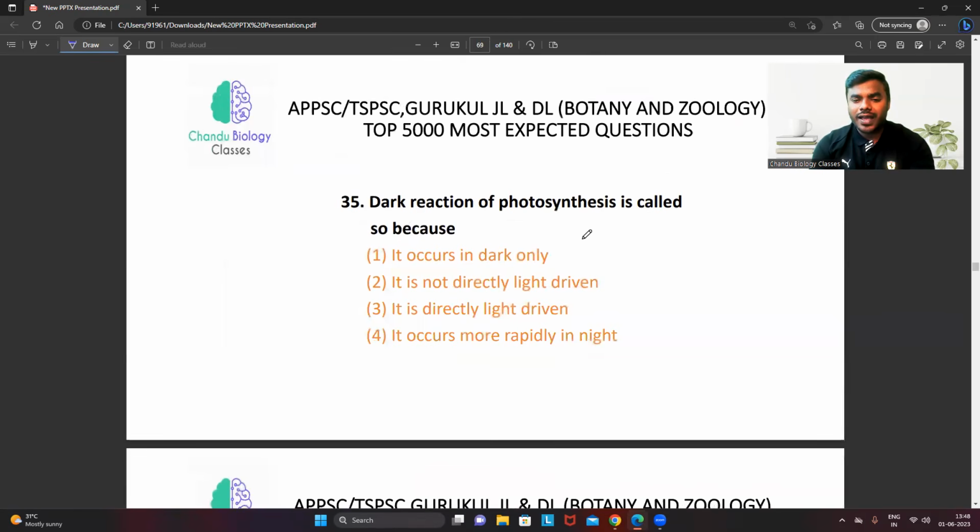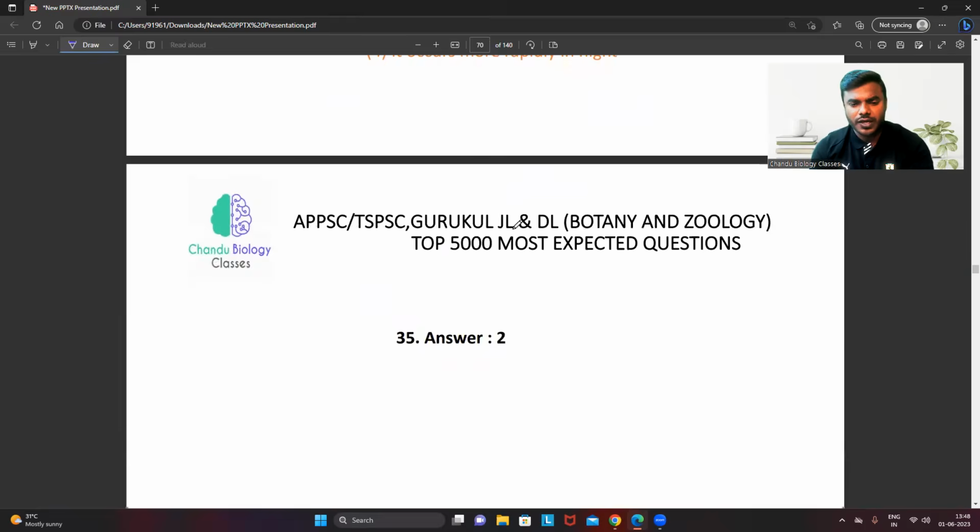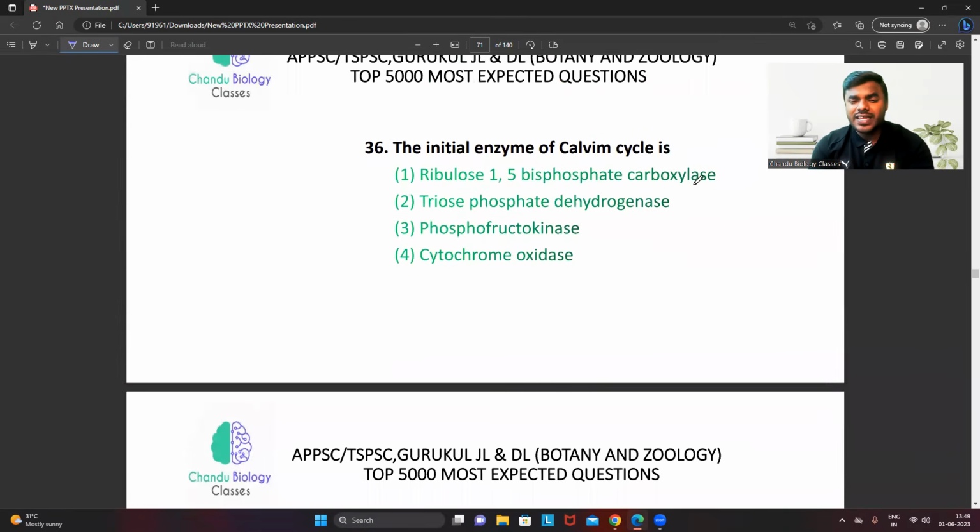Now, dark reactions of photosynthesis. Okay, I think the question got repeated, friends. Sorry. Now, the initial enzyme of the Calvin cycle. Every student very commonly knows that. In the C3 plant, what is the most important enzyme? Rubisco. Always remember. In C4 plants, 2 enzymes are there: PEP carboxylase and Rubisco.